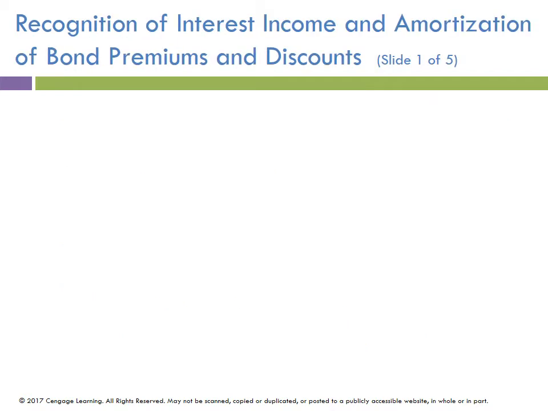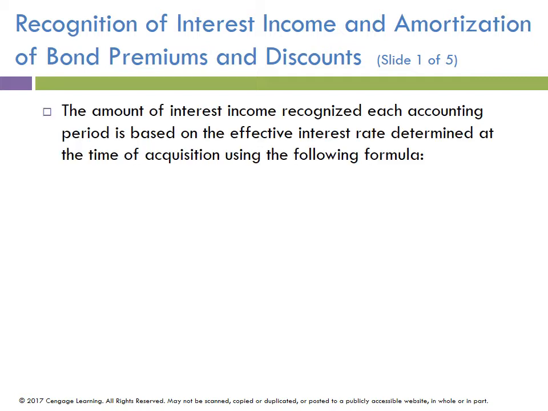Now, what happens after they buy the bond? Well, they should receive interest payments, right? So they'll be receiving interest income, and they will have to recognize a part of the premium or discount each interest receipt they get, just like when we looked at the company selling the bond.